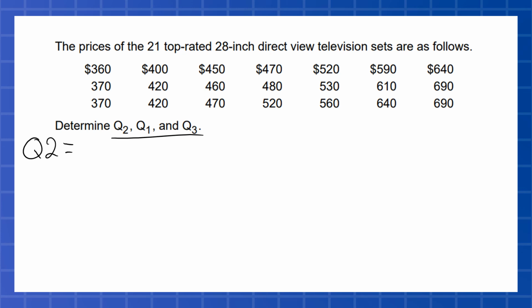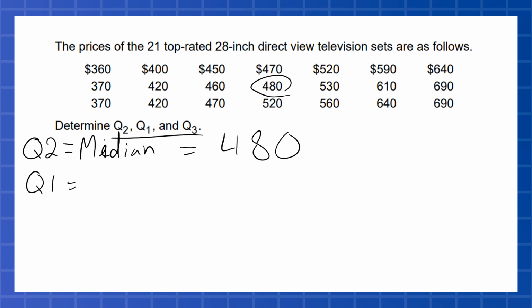Q2 is the median or the second quartile. So the median is our middle number. So if we kind of look in order, what we'll see is our middle number is going to be 480. That's the number exactly in the middle. If we look for Q1, what we're looking for is the lower quartile.